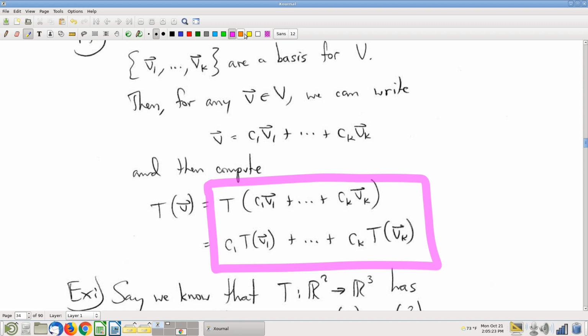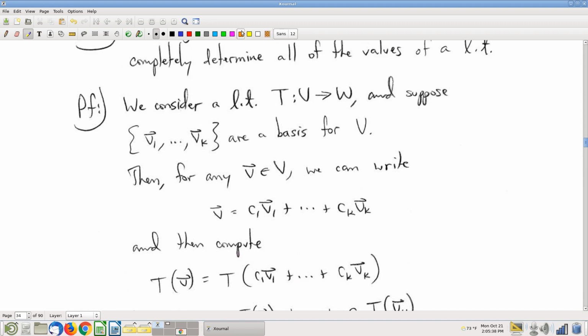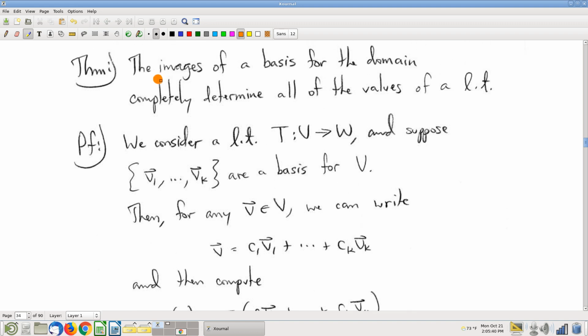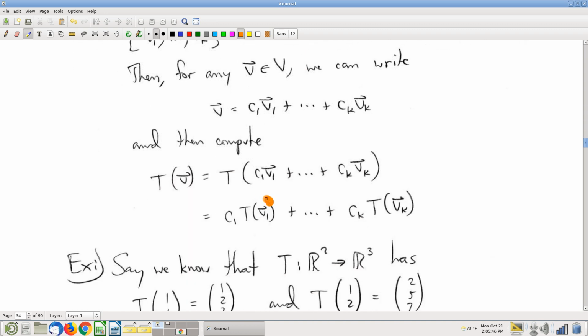A linear combination going in gives you that same linear combination of the outputs. That's just using the linearity property. And keep in mind, by assumption, I know the images of the basis vectors. So I know T of all of these, v1 through vk. So this thing here, I know what that is. Et cetera, et cetera. This T of vk, I know what that is.